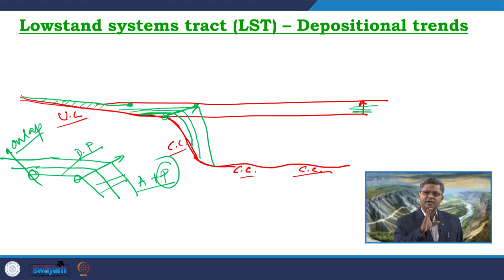So, the dominant deposition is concentrated over here at the shelf edge, and from the shelf edge it will prograde, it will move in both directions. The fluvial system will gradually start onlapping over these unconformity surfaces towards the landward direction, and the delta system will prograde over the earliest surface which is available at the end of the forced regression.